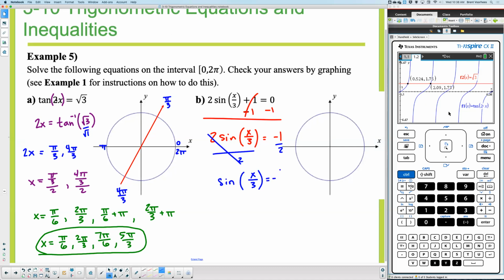Now I can move over to my unit circle. Sine is what variable? Y. So I'm going to be looking for y's to have a -1/2, which is like right in here. I'm going to take the values that have a y of -1/2. So what are those two angles that have those?